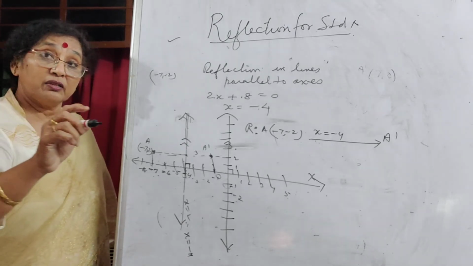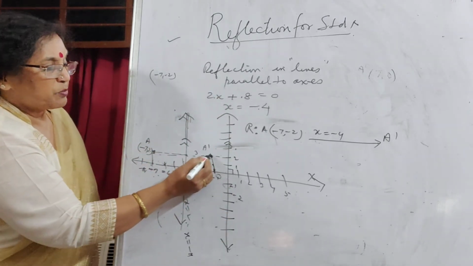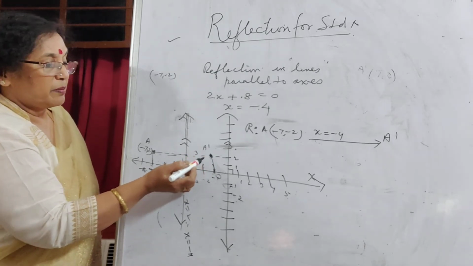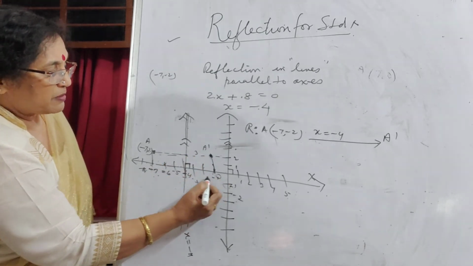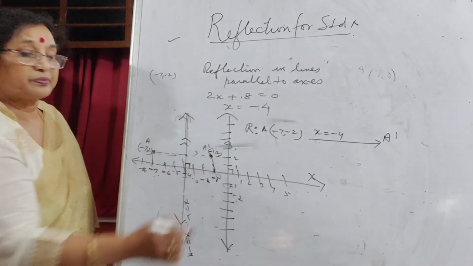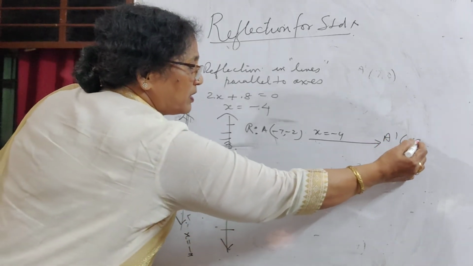No, children. The coordinates are always from the y-axis. This point I got is already at a height of 2 only. 2 has not changed. But where is it? It is at -1. So it's (-1, 2). So A dash will be (-1, 2).